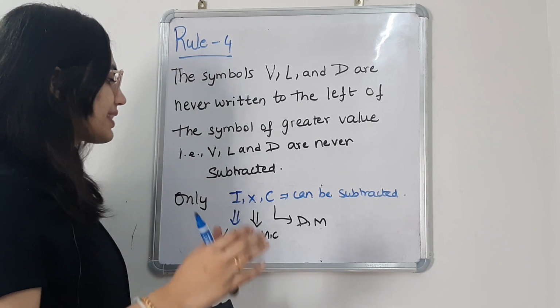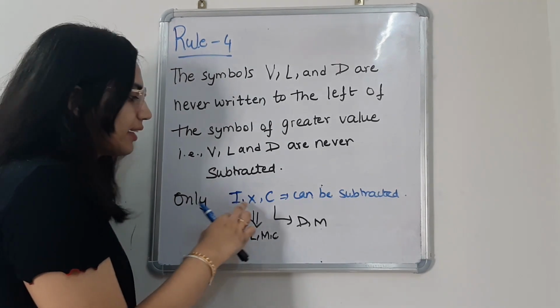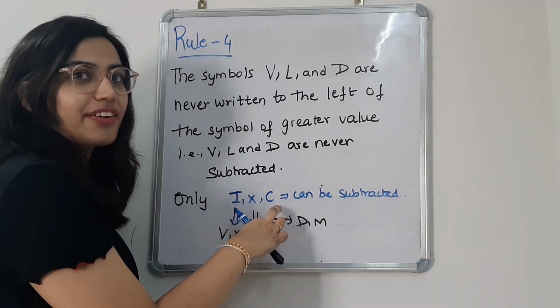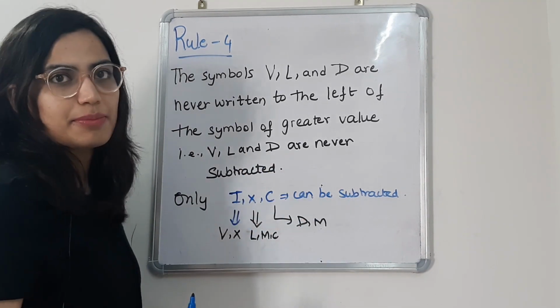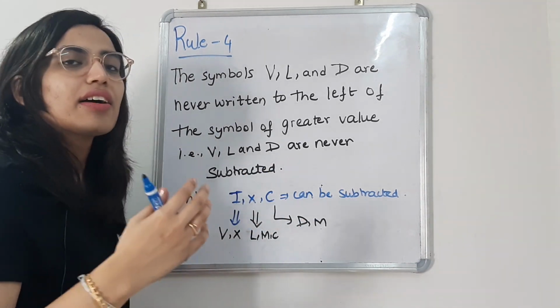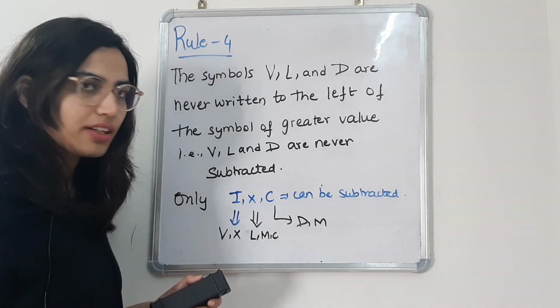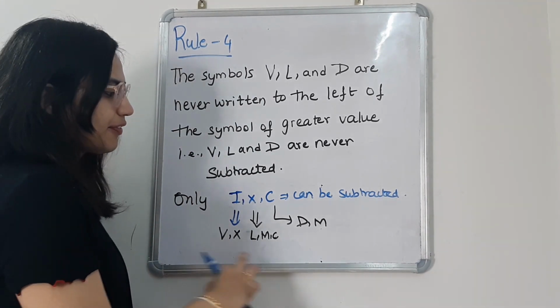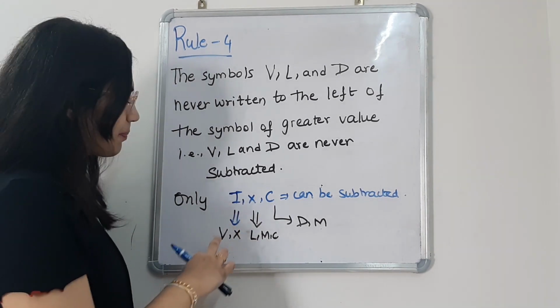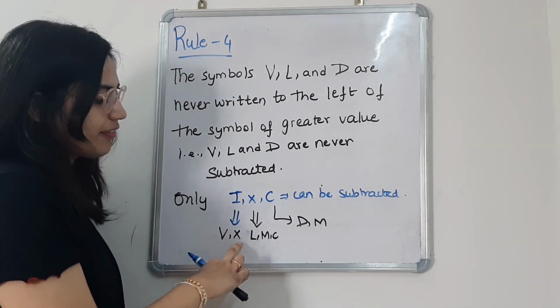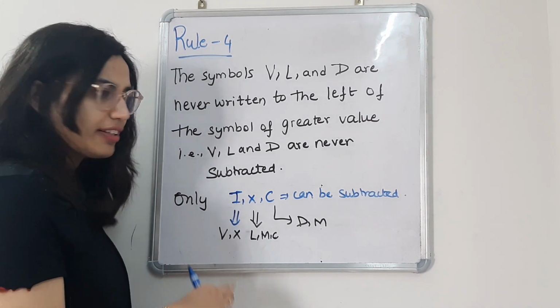We can only subtract 1, 10 and 100 from other numbers in order to get the values within the range whenever possible. Okay, and here if you see, 1 can be subtracted from 5 and 10, right?